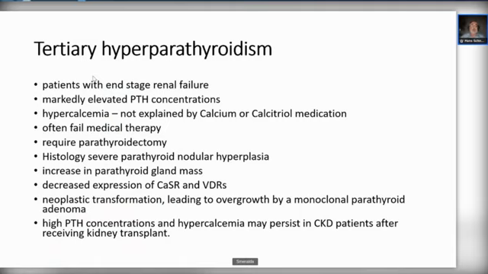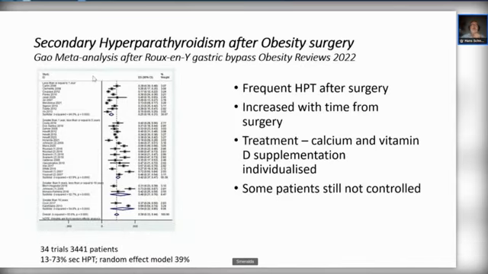And we see that even after patients have renal transplants, they continue to have high PTH concentrations, so hypercalcemia. And I'm almost at the end. The next slide shows secondary hyperparathyroidism after obesity surgery.